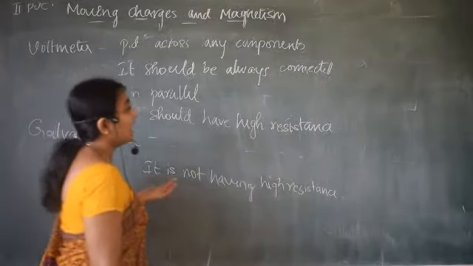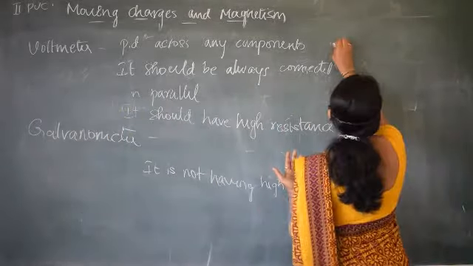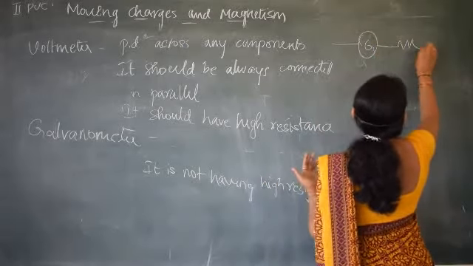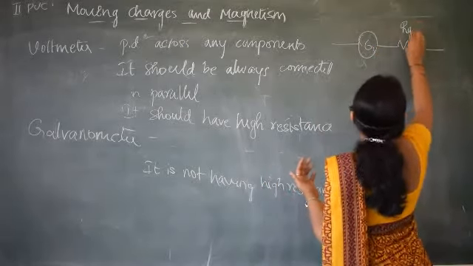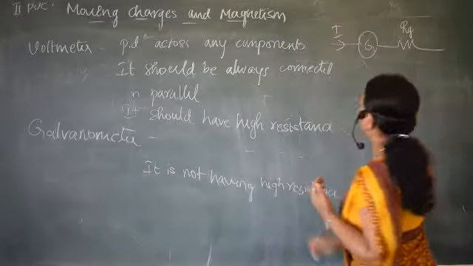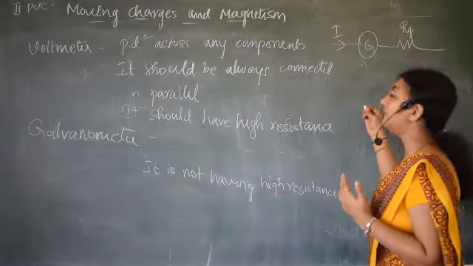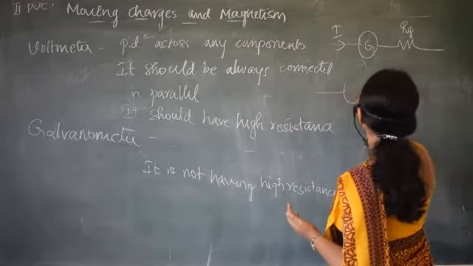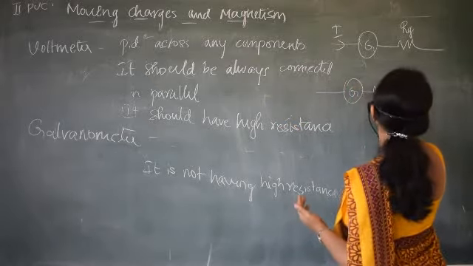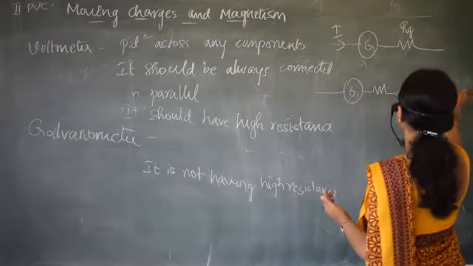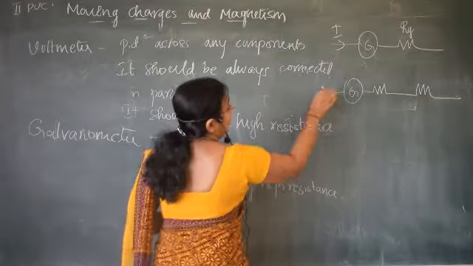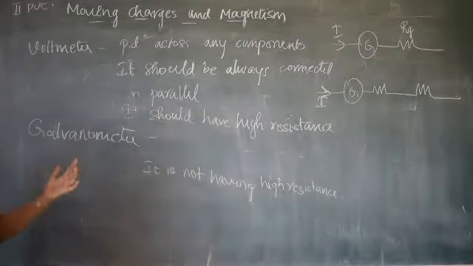Just like the previous one, here also you should draw a diagram. Galvanometer with its own resistance Rg. The current is I. We can convert this galvanometer into a voltmeter by connecting a high resistance in series with it. I is the current we are sending.